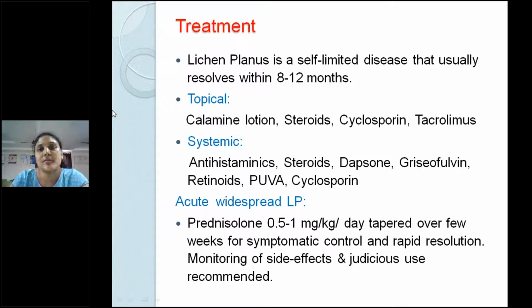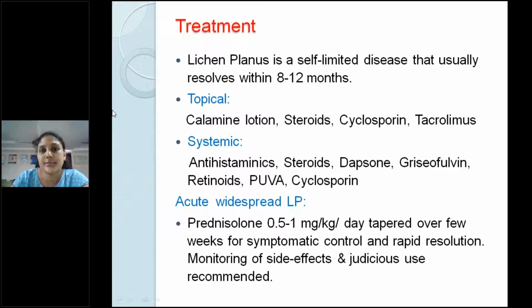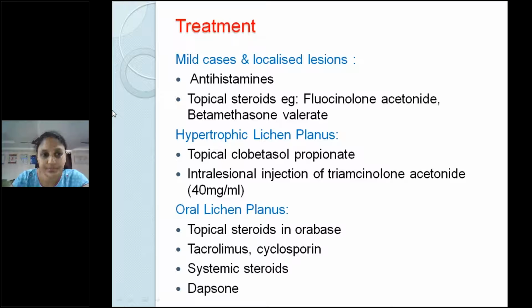So the side effects will always be there, and you have to be very careful every time the patient comes for a visit. We'll do the proper tests, every blood test, RBS and everything, because that is very important when giving treatment long term.